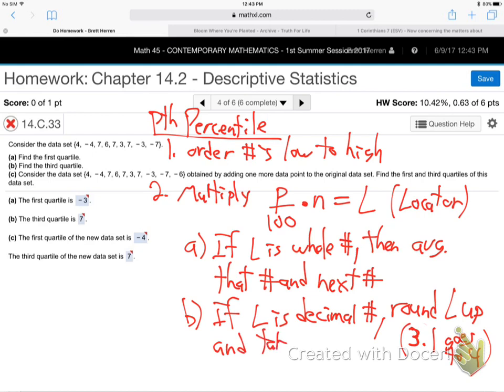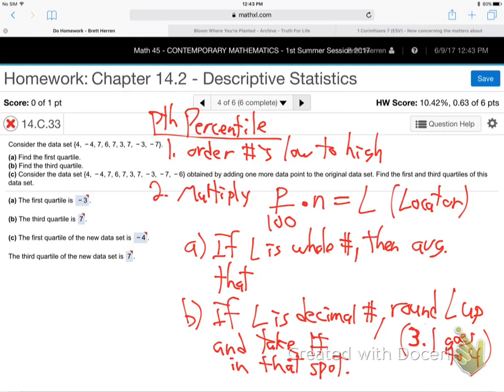and take the number in that spot. Let me correct A. I didn't say it as clearly as I could.